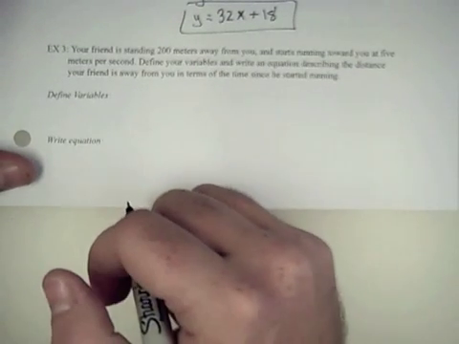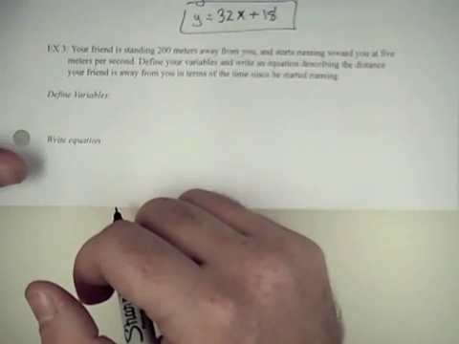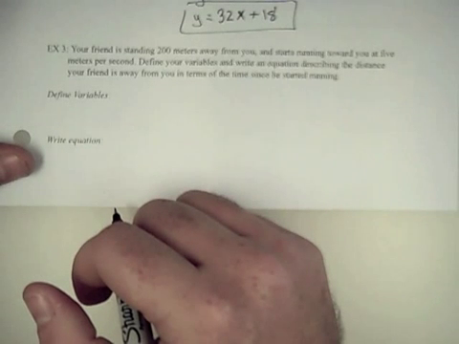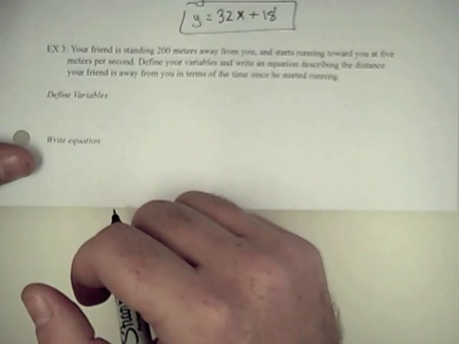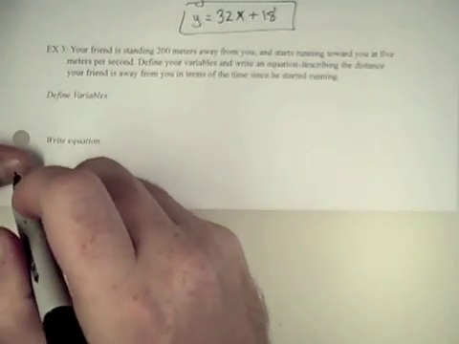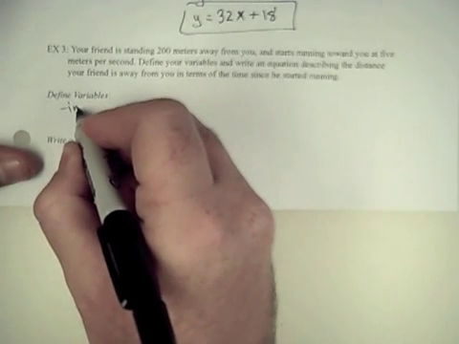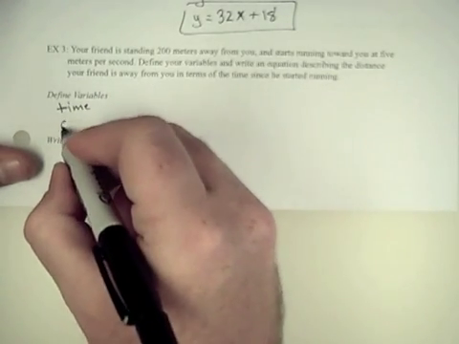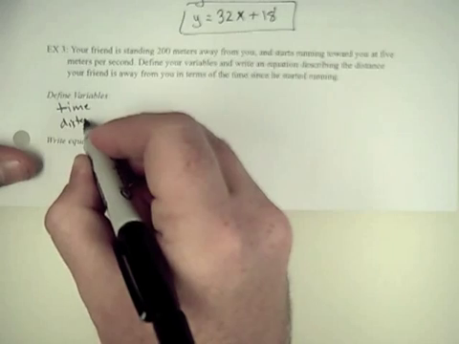With number 3, your friend is standing 200 meters away from you and starts running towards you at 5 meters per second. Define your variables and write an equation describing the distance your friend is away from you in terms of the time since he started running. The two things that are changing are the time since he started and the distance between the friends.